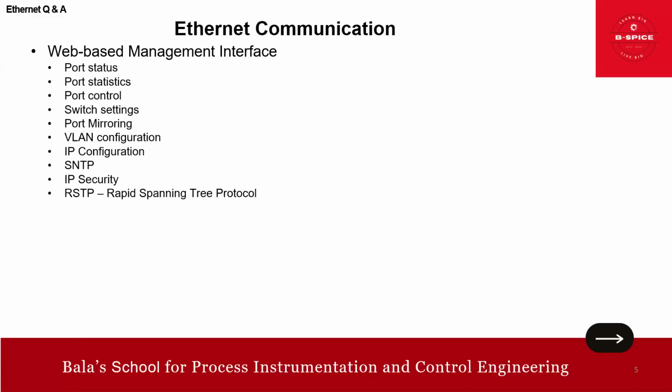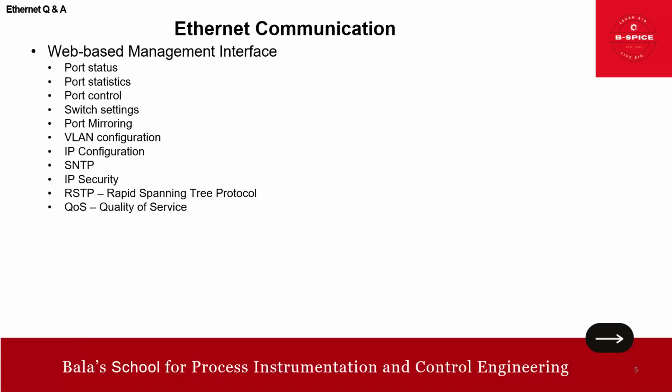Of course, RSTP provides faster convergence than STP, meaning it can quickly adapt to changes in the network, such as link failure or topology changes, reducing downtime and improving network reliability. All these we can make use of with RSTP.